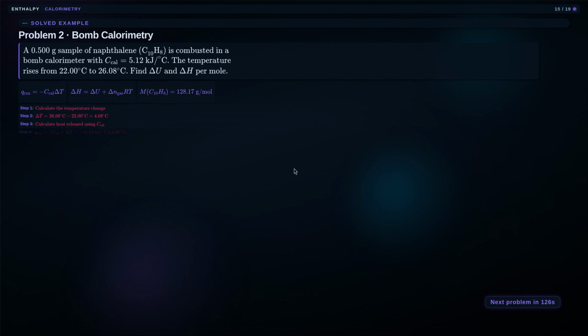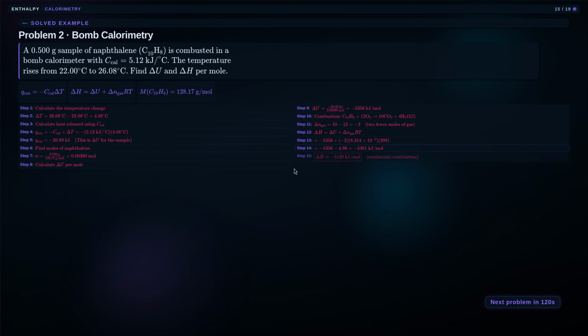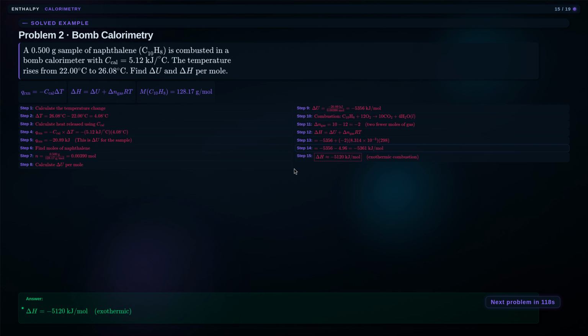Problem 2. Bomb calorimetry. A 0.500 gram sample of naphthalene is combusted in a bomb calorimeter with heat capacity 5.12 kilojoules per degree Celsius. Temperature rises from 22.00 to 26.08 degrees Celsius. Step 1.